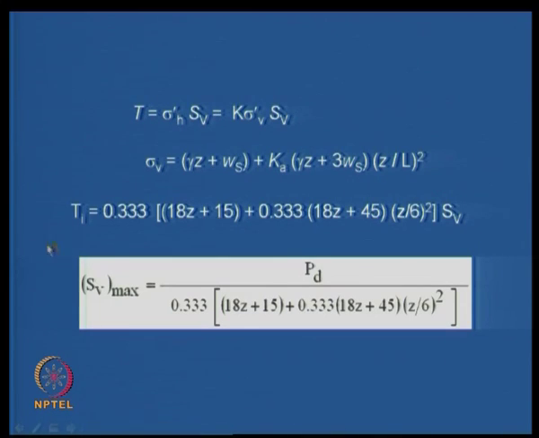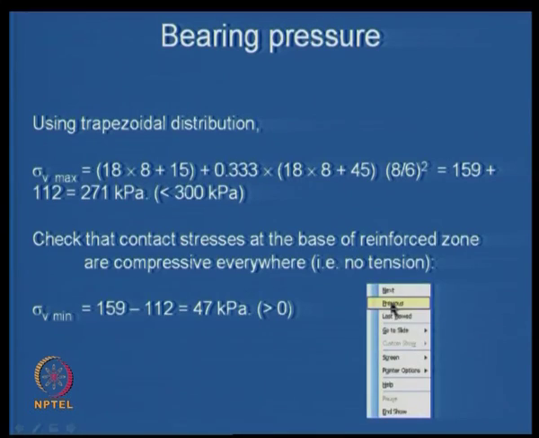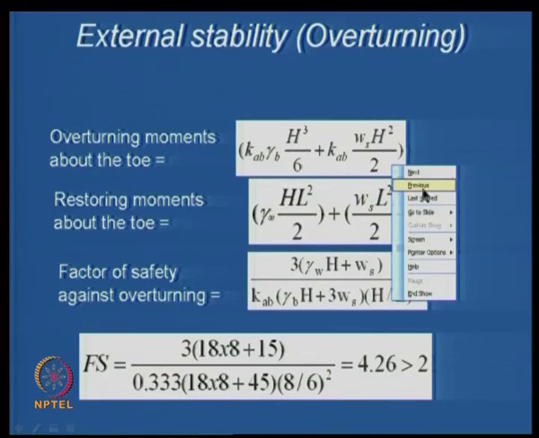So, you substitute all the quantities and put them in terms of SV. Ti is nothing but the design strength values. I have 2 geogrid materials and I know their design strengths, 20 and 40, as I mentioned in the statement of the problem.